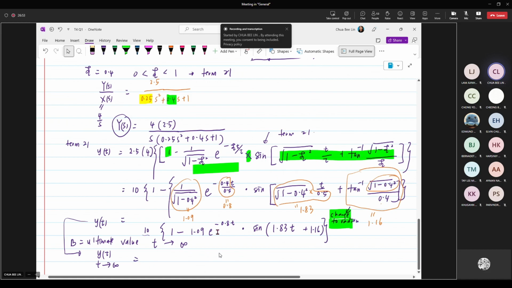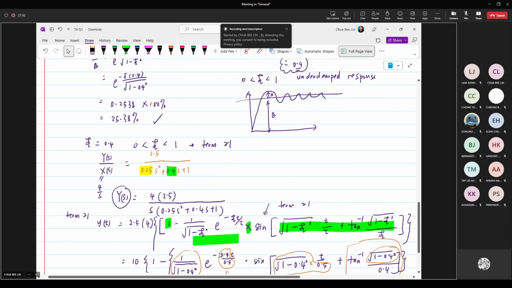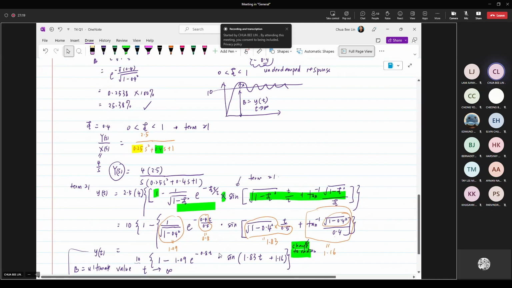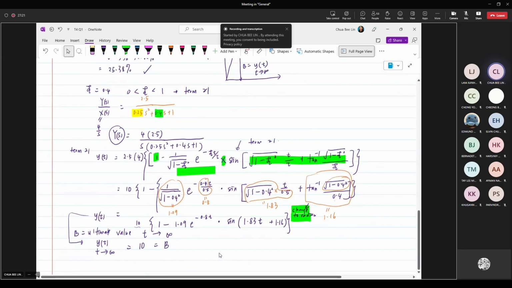Like e power to 0, you get 1. If e power to a bigger value, you get 0. So 1 minus 0 is 1. 1 multiplied with 10 is 10. So the answer is 10. So when t goes to infinity, this is actually your B. So your B is 10. You already got your YT value at t goes to infinity is 10.